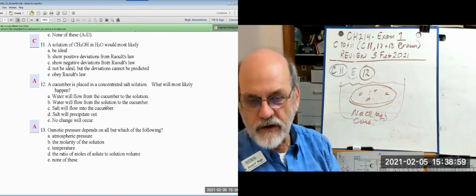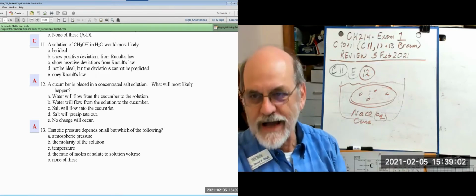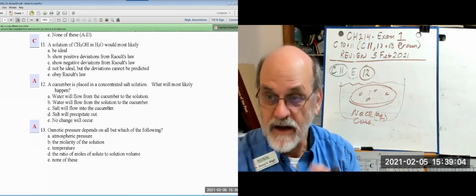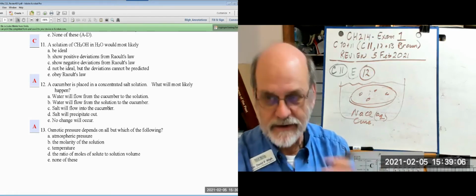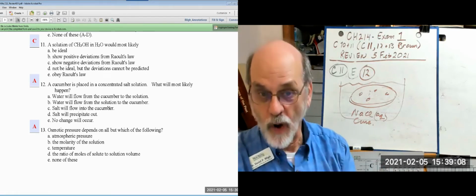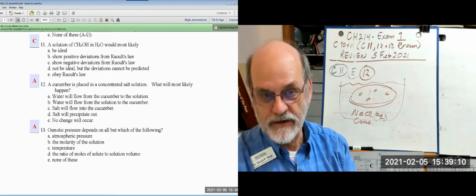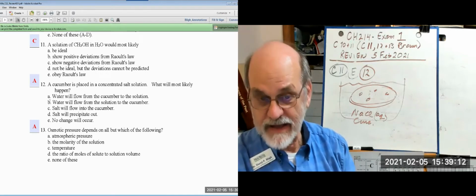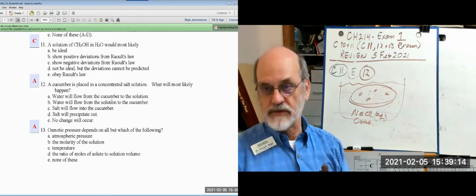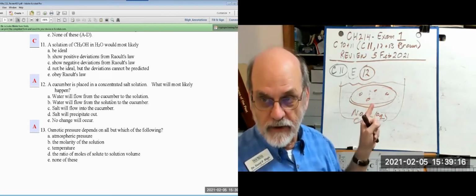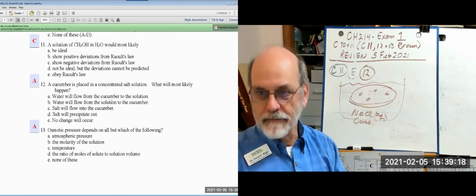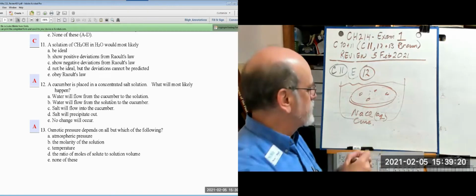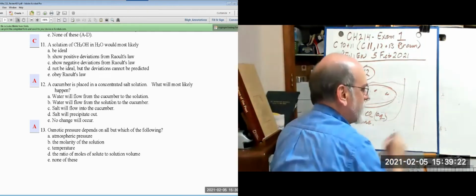Salt will flow into the cucumber? No, it's a semi-permeable membrane. Salt can't cross the boundaries. Only water can. So it's either A or B, and B is wrong. Salt will not flow into the cucumber.